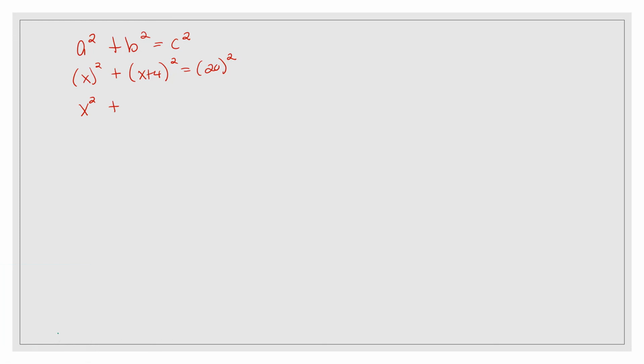I got some side work to do, because this means I need to write this out twice so I can multiply it correctly. Because if I don't multiply this correctly, my answer is going to be completely off. Remember, addition and subtraction act like super glue. This addition sign between the x and the 4 does not let me look at the x separate from the 4, which is why I had to write that out twice and get x squared plus 8x plus 16.